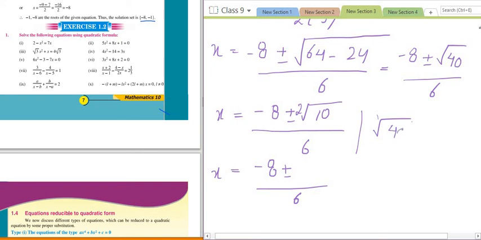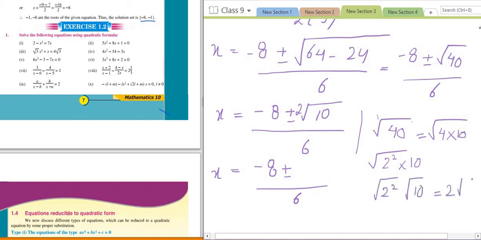Because 40 equals 4 multiply 10, and we can write 2 square multiply 10, so this is equal to 2 square root 10. Clear?